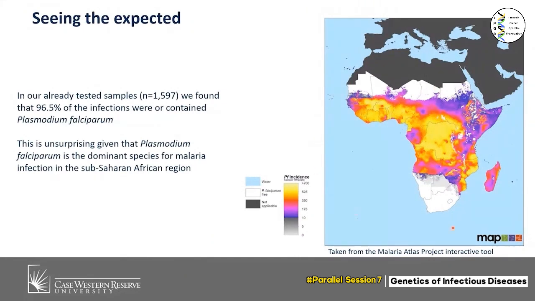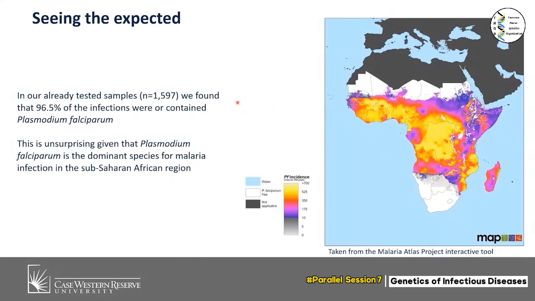As you can see here, this is a map taken from the Malaria Atlas Project, from 2005, which is where most of our data that has already been analyzed came from. And as you can see from these bright yellow regions, most of the infections seen are Plasmodium falciparum because it has a really, really high incidence in this region.